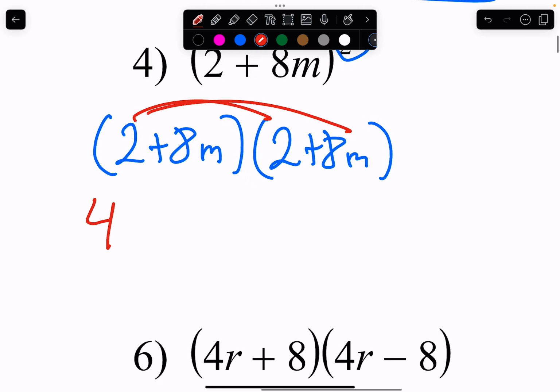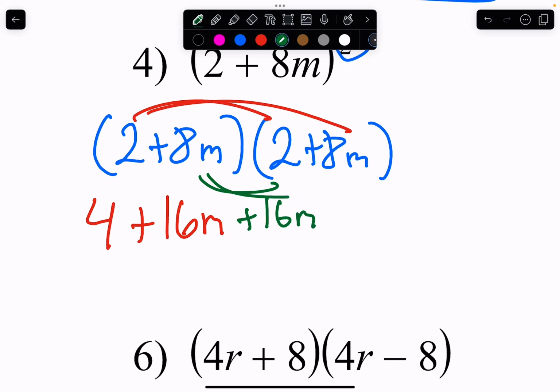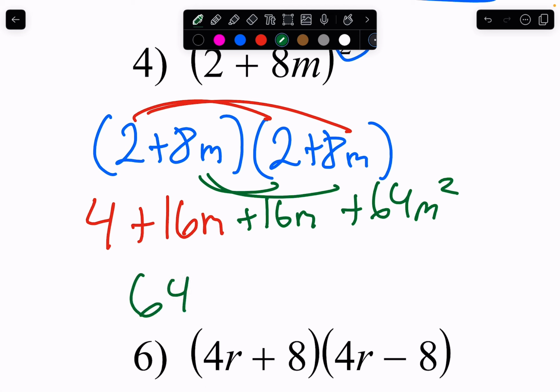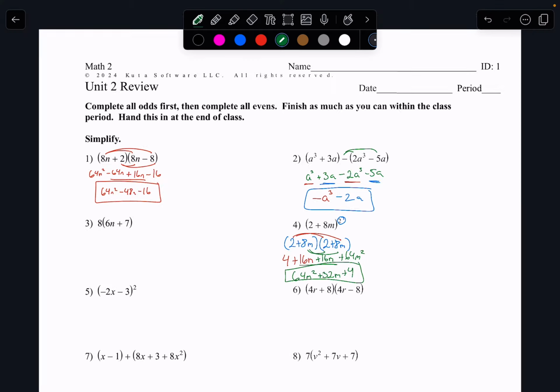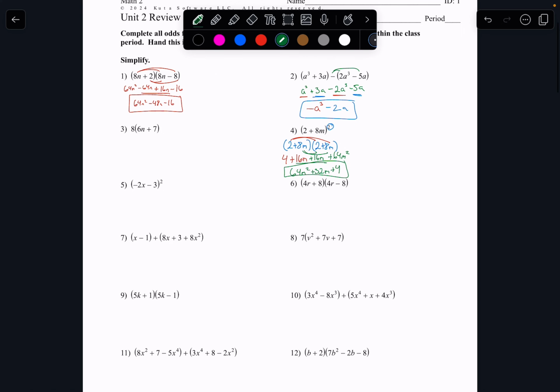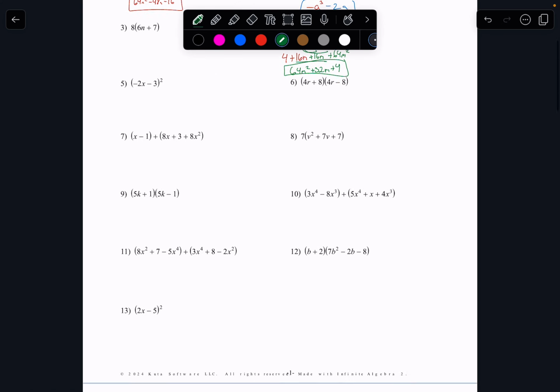So we get 4 plus 16m plus 16m plus 64m squared. And I'm going to go ahead and combine my like terms and write it in standard form. So I'm going to do 64m squared. We've got like terms here. And then we've got our constant there on the end.